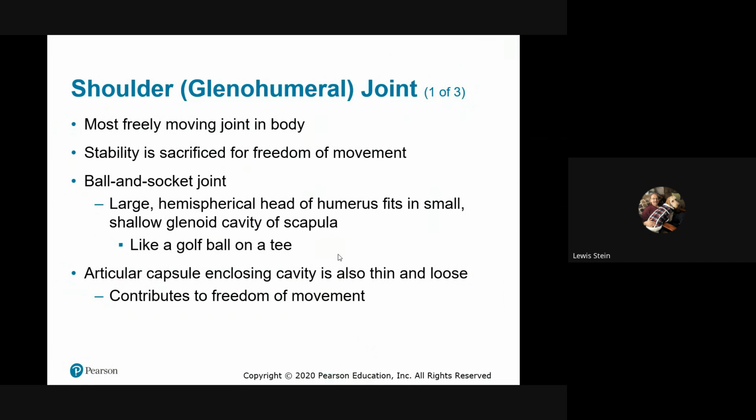That is a lot of surface area, very little here. Articular disc here, none here. So it's rather substantial, and then on top of that, you have the pubic symphysis, which assists it. So understand that there's a lot that goes on with regard to these things. So stability is sacrificed for free movement. It's a ball and socket joint, and a wonderful analogy is like a golf ball on a tee.